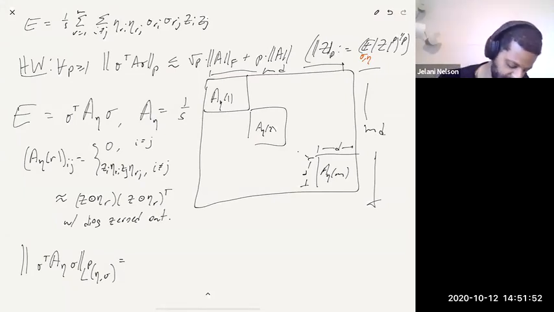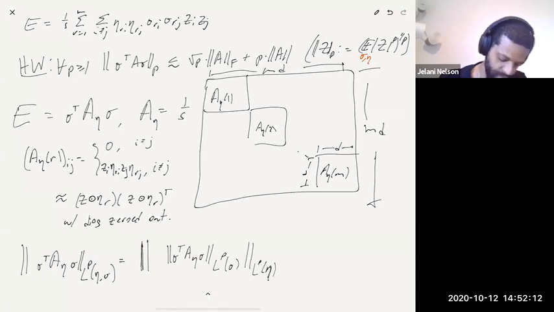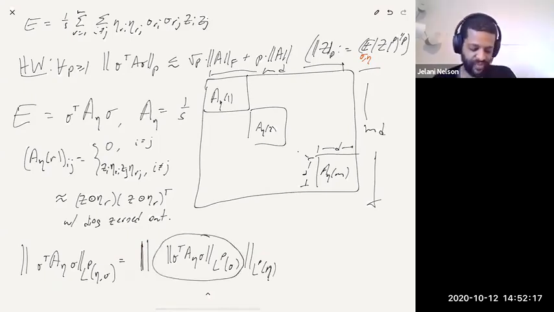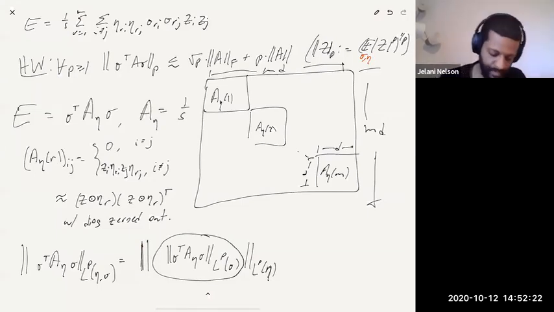So let me write it like this: sigma transpose A eta sigma in LP of sigma, and then LP of eta. So let's first just focus on what happens when eta is fixed in there, and I can just apply Hanson-Wright to that. Okay. So next board. Let's go to the next board.